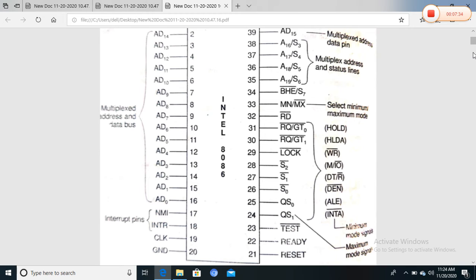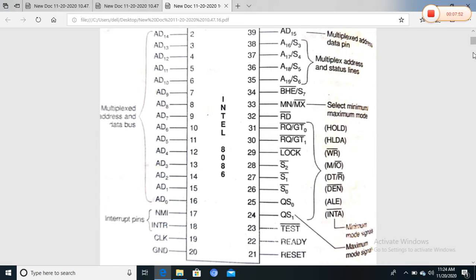During T1 clock cycle, it carries the lower 16-bit address, and during the T2, T3, T4 clock cycles, these carry 16-bit data.